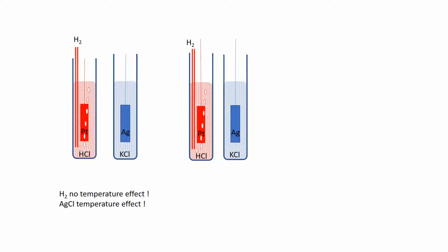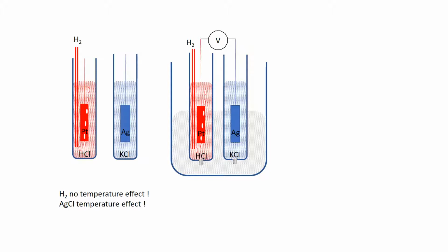If you bring now both electrodes into a beaker with a solution and you open the electrodes with the diaphragm, so you have an ionic contact in between, then you can measure a voltage between the standard hydrogen electrode and the silver chloride.